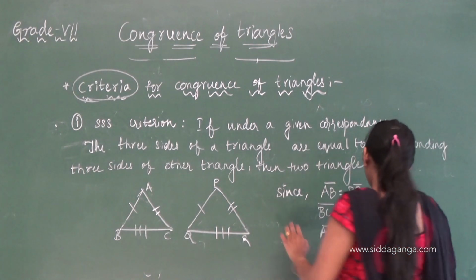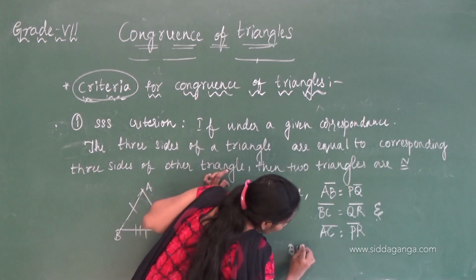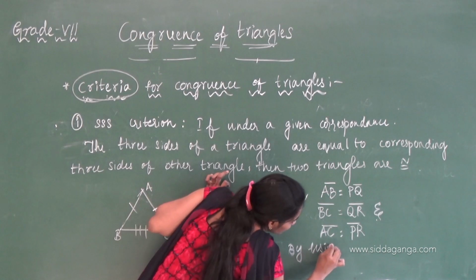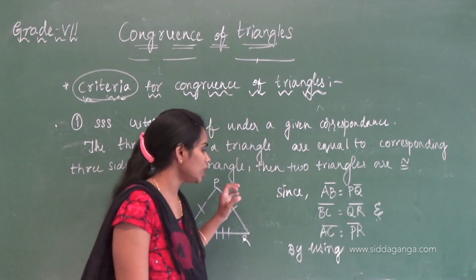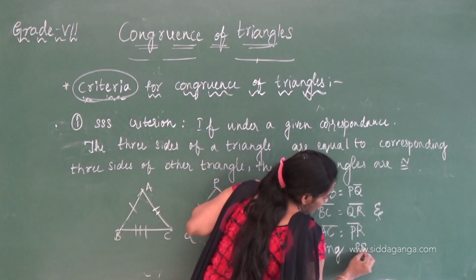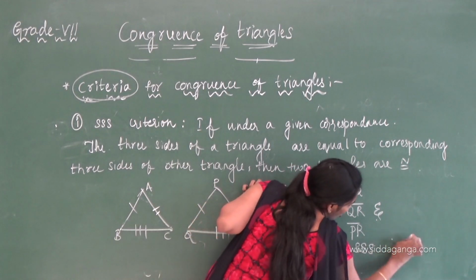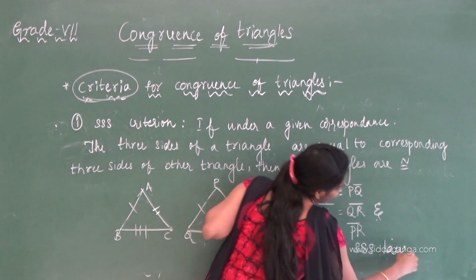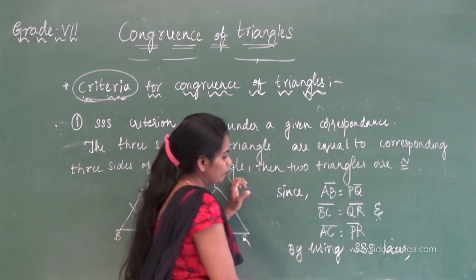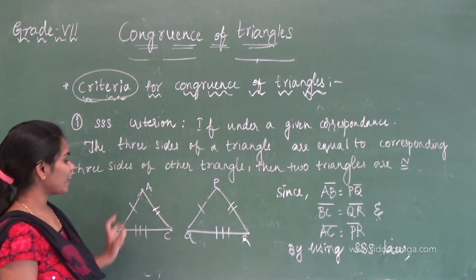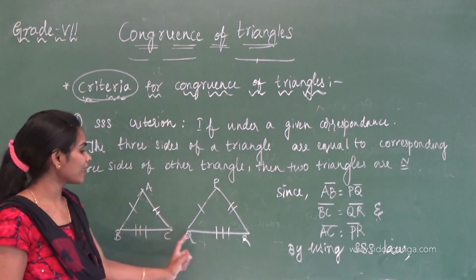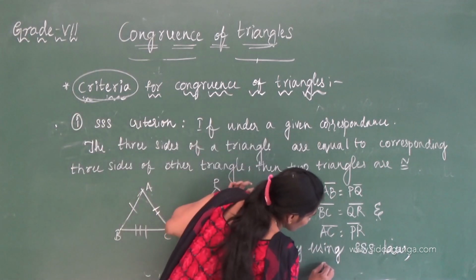Then by using SSS criteria law, you can write, by using SSS rule, we can tell triangle ABC is congruent to triangle PQR.